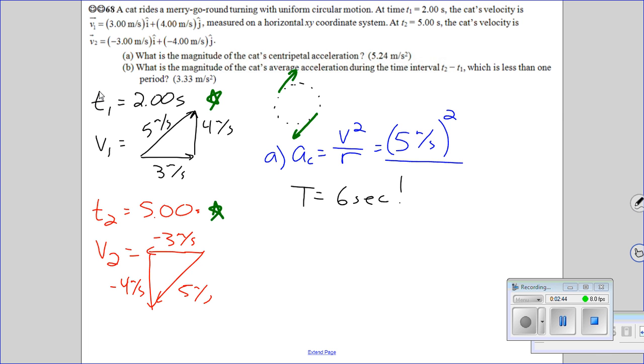So that means that we can find our radius, right? Because I know that velocity is 2 pi r over the period. So we know our velocity is 5 meters a second. That's got to equal 2 times pi times my radius, which is what I'm looking for, divided by 6 seconds, right? So do the math, and you will figure out that the radius turns out to be 4.77 meters.